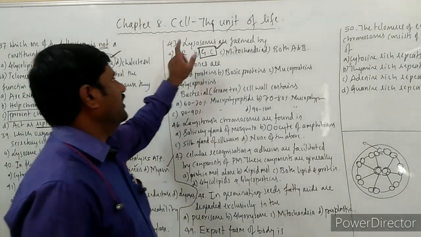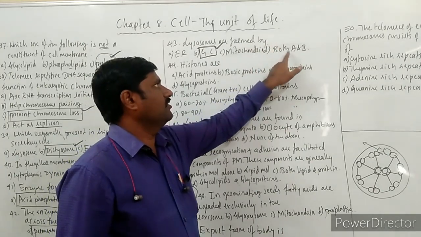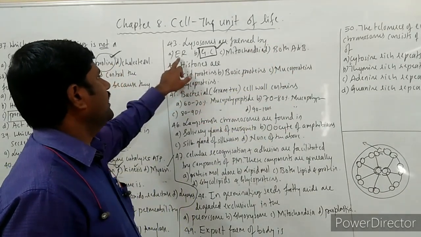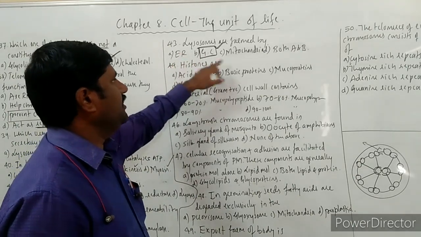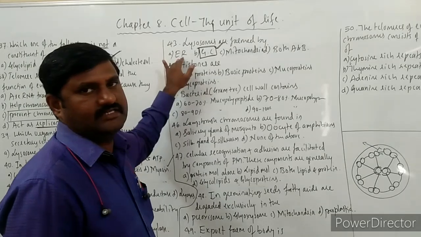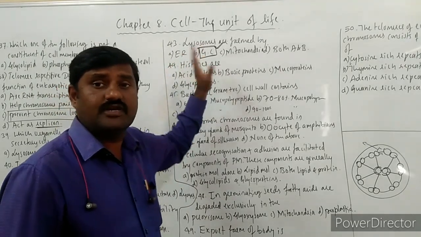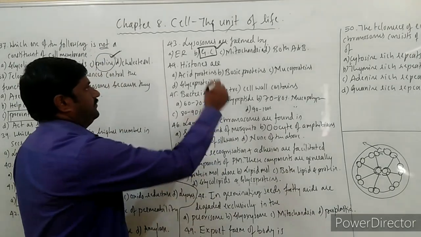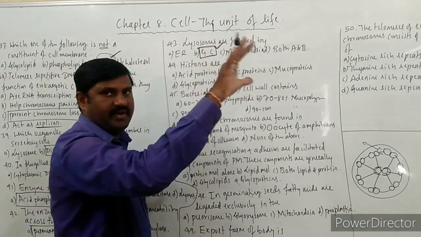Not the endoplasmic reticulum, mitochondria, or both A and B. Of course, we can say both A and B also, in this case, because the vesicles of the endoplasmic reticulum are also responsible for the formation of lysosomes. Okay, so Golgi complex is the major one.